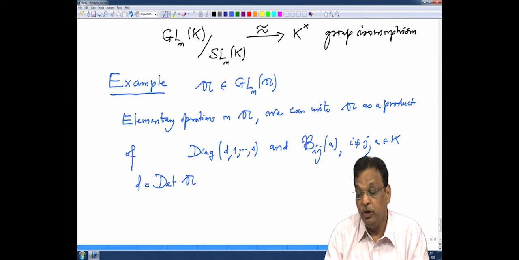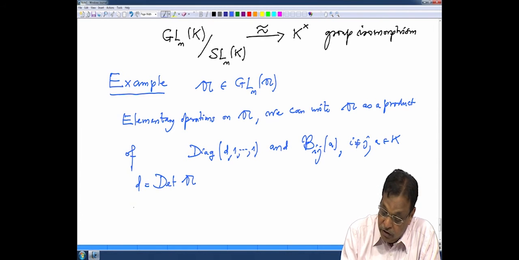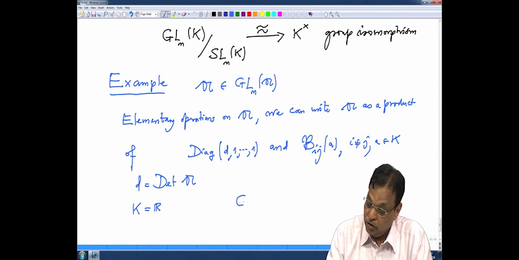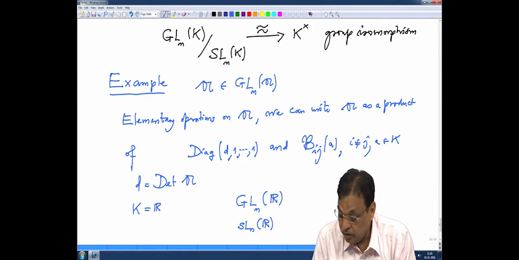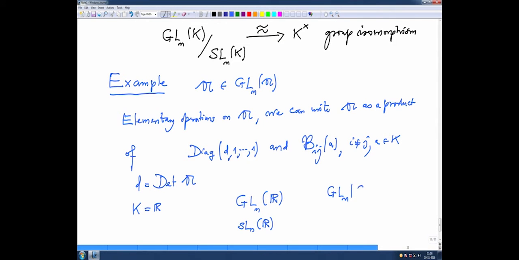So, for example, when K is in a classical case, K equal to R for example, and if you want to prove results about GLN R or SLN R, and similarly for GLN C and SLN C. In this particular case, these groups are not just groups, they also have topology inherited from the usual topology of Rn or Cn, and even the group operations are continuous, that means these are Lie groups.